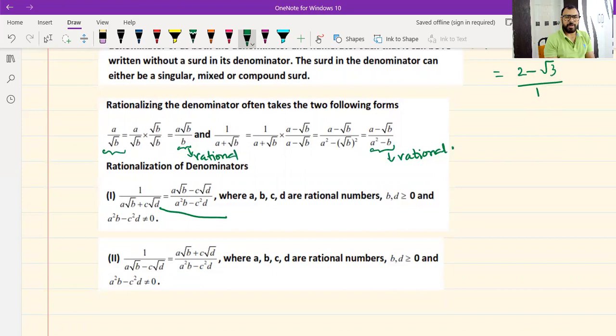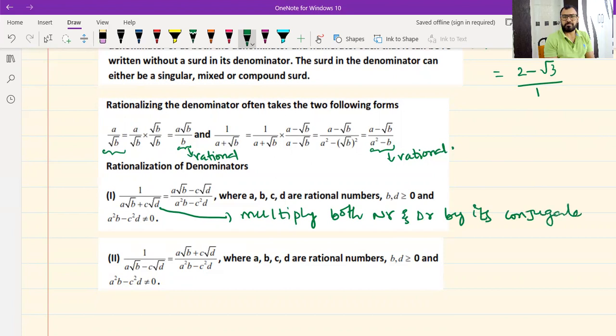For this, multiply both numerator and denominator by its conjugate. So what is the conjugate of this?